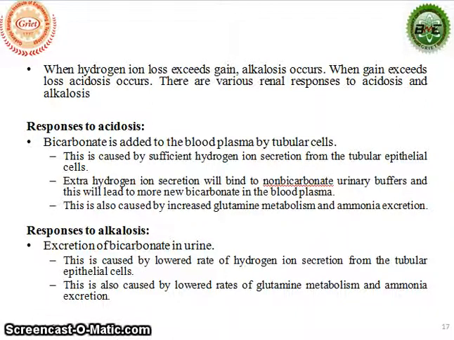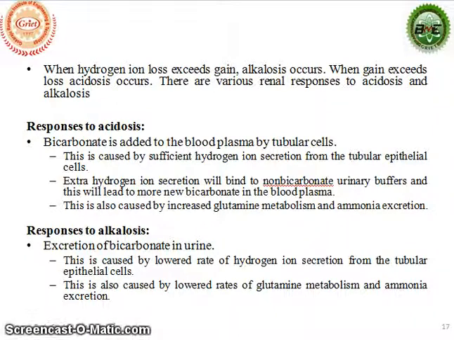This is caused by sufficient hydrogen ion secretion from the tubular epithelial cells. Extra hydrogen ion secretion will bind to the non-bicarbonate urinary buffers, and this will lead to more new bicarbonate in the blood plasma. This is also caused by increased glutamine metabolism and ammonia excretion.